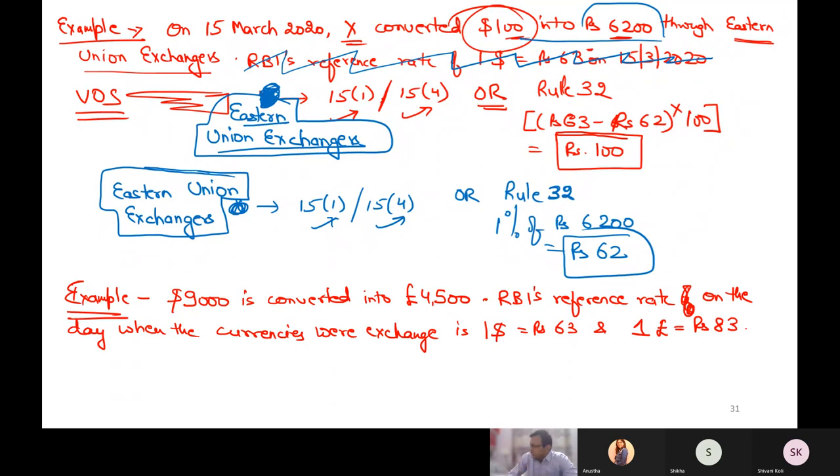Now if this is the situation where none of the currency exchanged is Indian rupee, how will the supplier compute the value of supply? So who is the supplier? Eastern Union Exchangers.